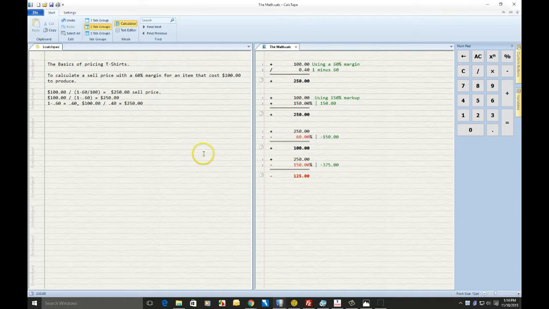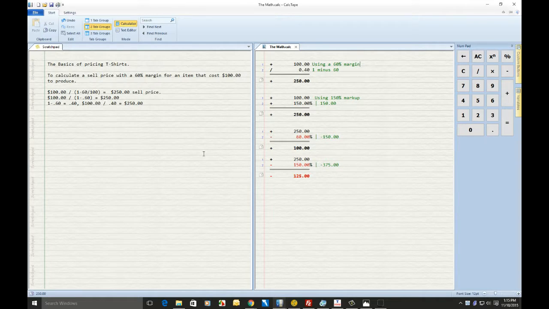But anyway, the thing that we're going to go over right now is that initially you need to decide whether you're going to price using markups or margins. I'm going to take it that most of you, if you're just getting into the t-shirt decorating business, are probably using markups because it's just simpler.